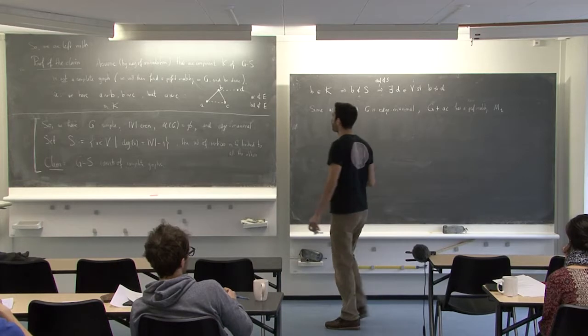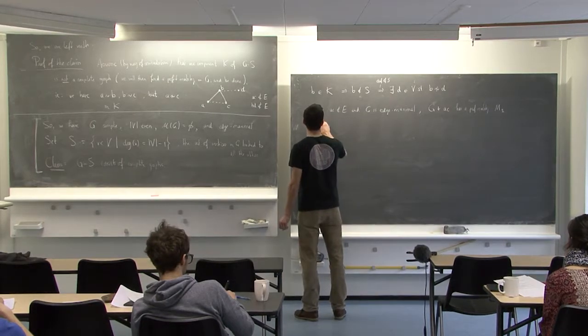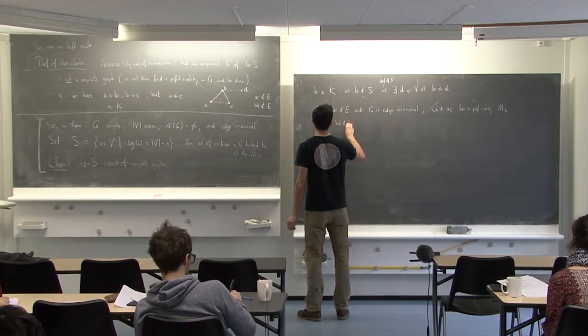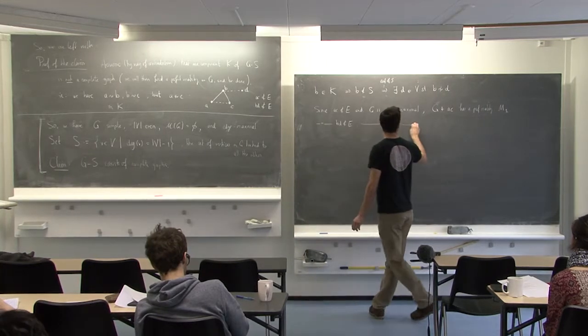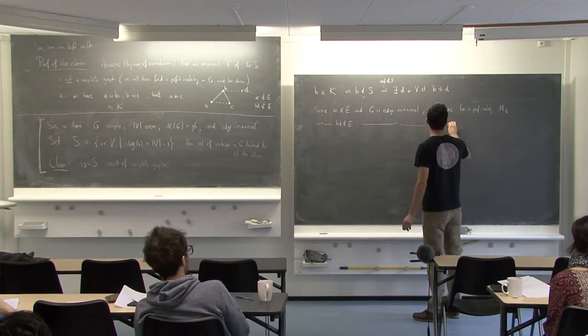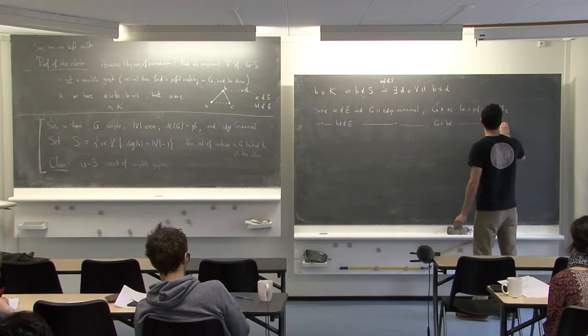Same thing for BD: since BD does not belong to E, G plus BD has a perfect matching, let's say M2.